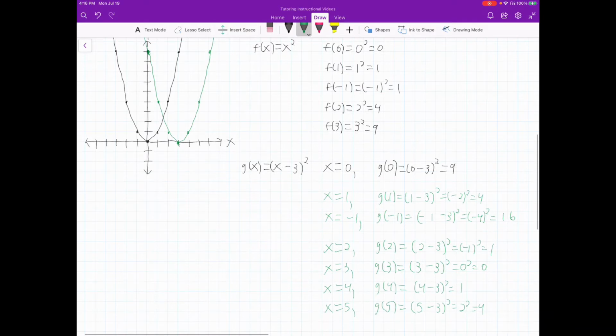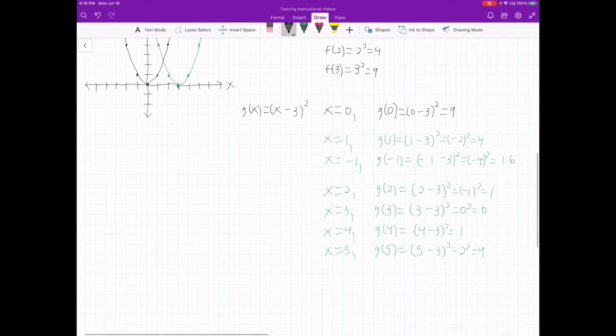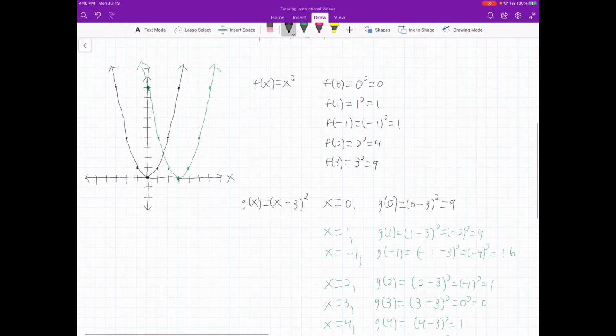And then I want to do one more example with h. When I have room here, I guess I'll do it here. Let's define h of x to be x plus 2, quantity squared. What would the graph of this be? Well, I plug in x as 0, I get h of 0 is 0 plus 2 squared, which is 4.